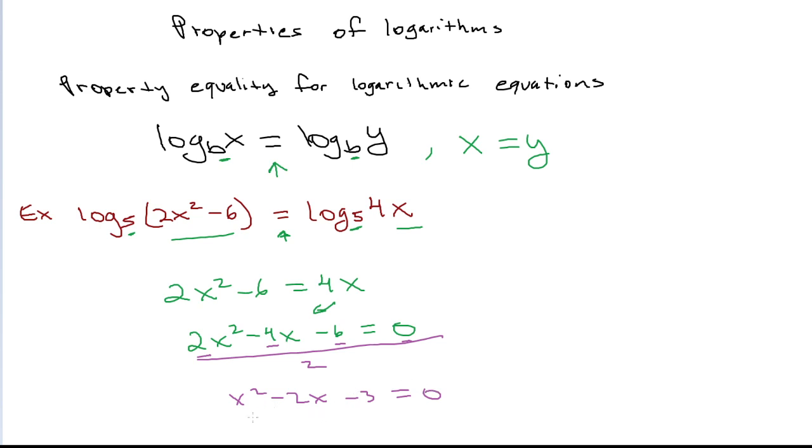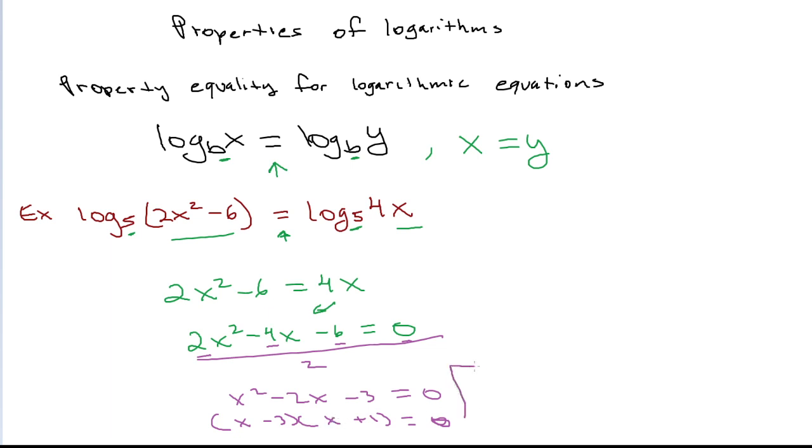Now from here, we can go straight into the factors. What are two numbers we can multiply to get x squared? Well, x times x. What are two numbers we can multiply to get negative 3 and get a sum of negative 2? Well, that's going to be negative 3 times positive 1.